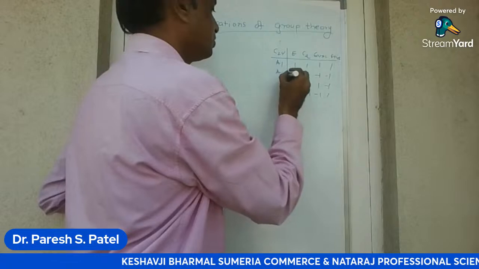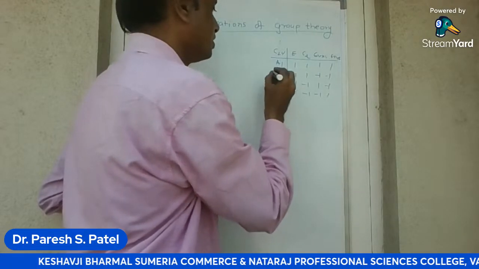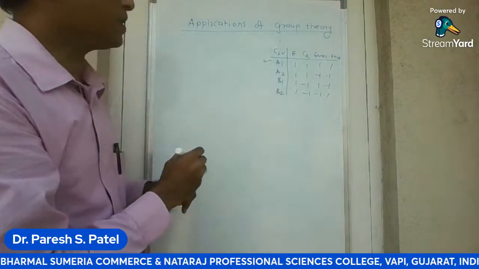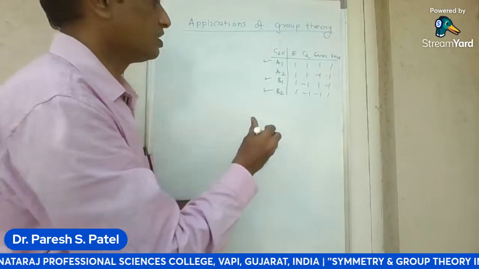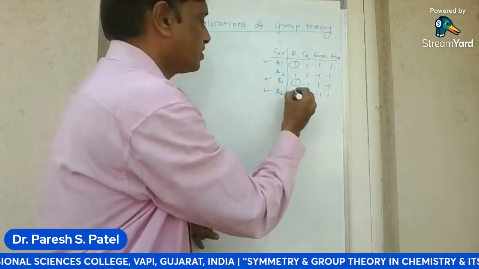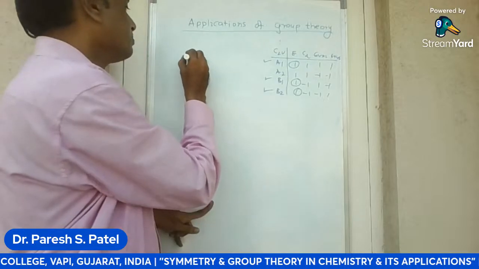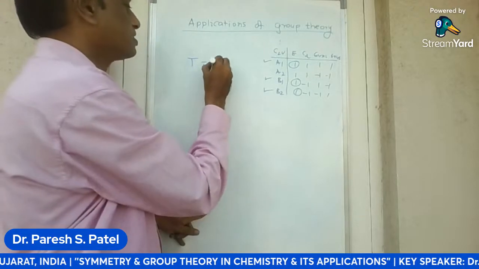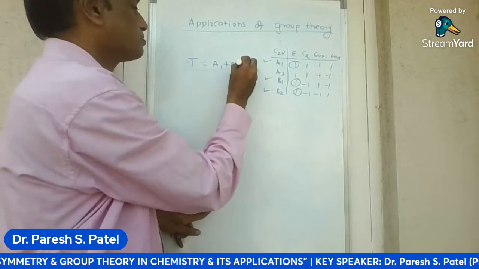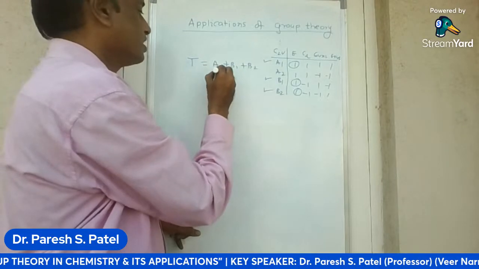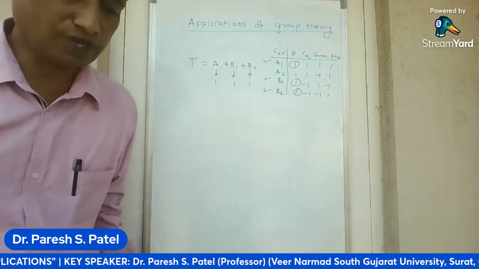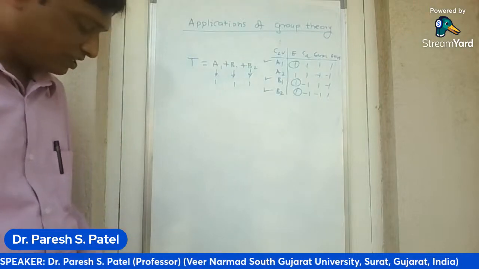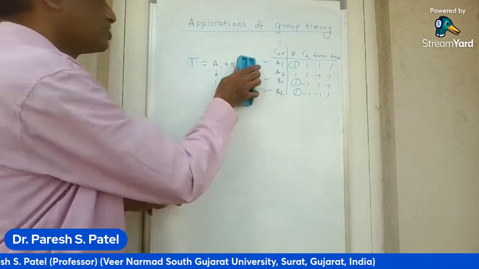A1, A2, B1, B2. This is the contribution from pz, this is the contribution from px, this is the contribution from py. So this is one dimensional, one dimensional, one dimensional. So we can represent the reducible representation as A1 plus B1 plus B2. We can prove that all dimensions are one dimensional.